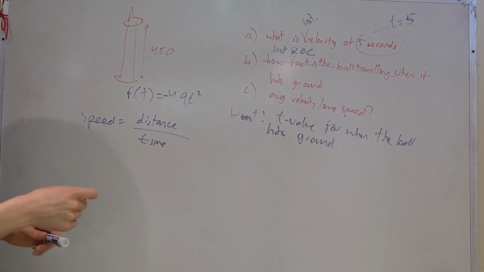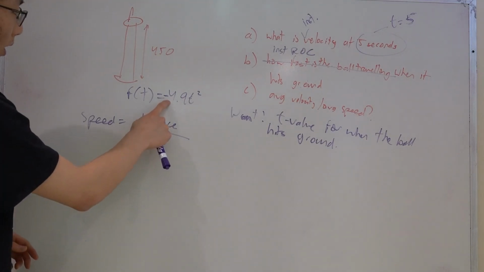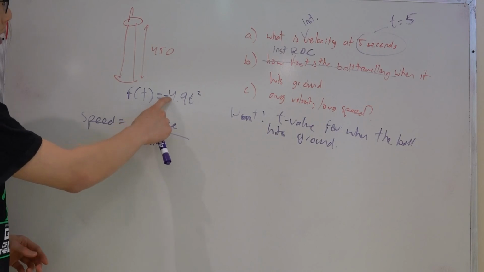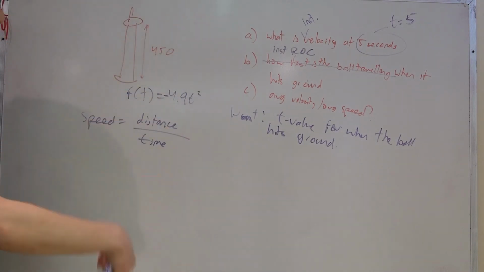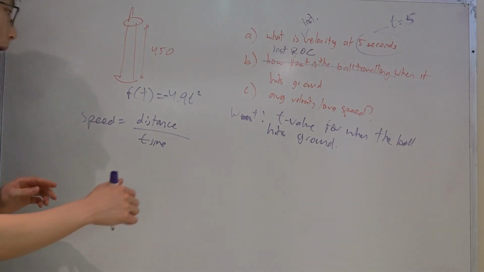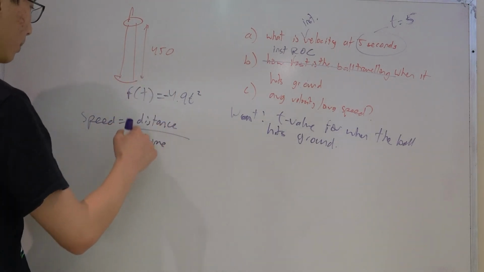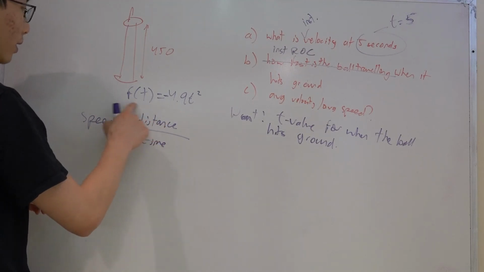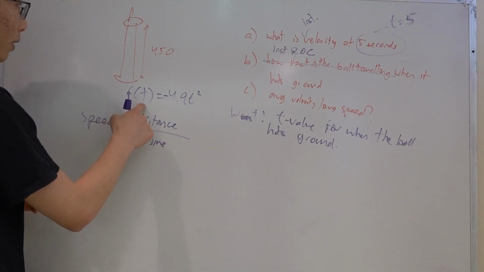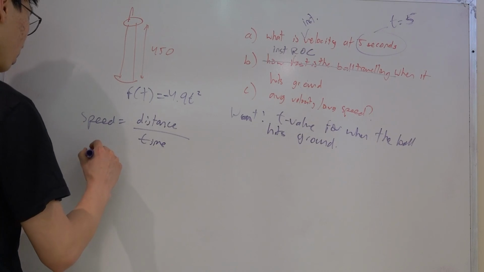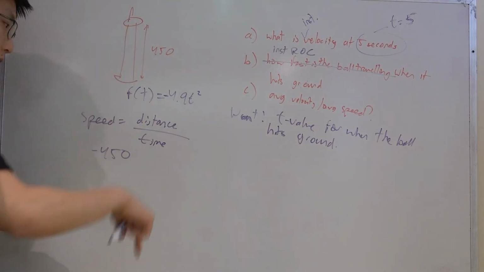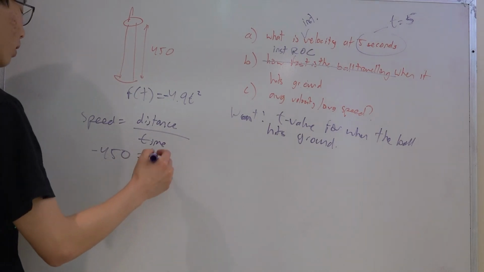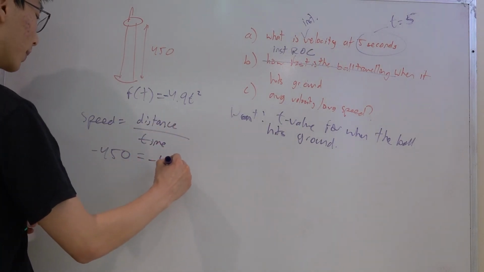Okay. And if that doesn't make sense, you just have to think really hard about what this function is actually doing. Right? This is actually saying the ball is going down because it's an inverted parabola. So the distance that you would travel in t, you want it to be 450, right? So you want your ball to travel negative 450 meters, and we know that the relationship with time is this.